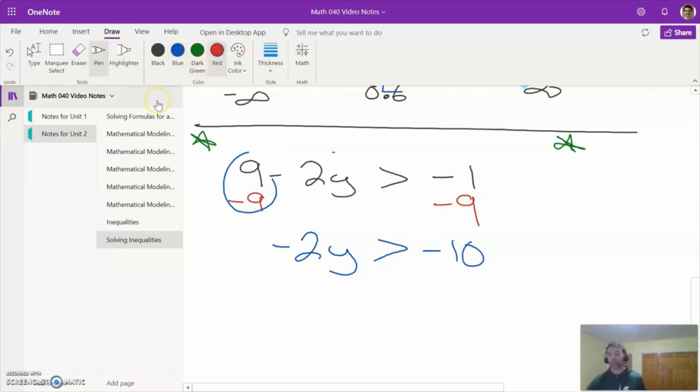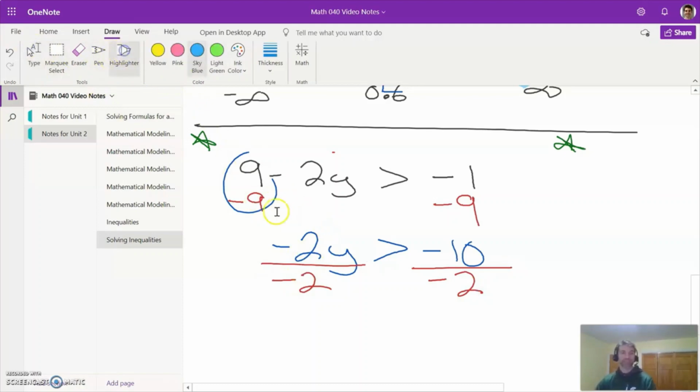So here is the point where it becomes really important. What do you notice about the coefficient of y? All right, we've got our variable right here. What do you notice about its coefficient? That's right, it's negative. When you have a negative coefficient in your inequality, you then have to either multiply or divide both sides by a negative, right? In order to solve this, we'd have to divide by a negative. So when you have that negative coefficient right here, I'm going to type this out right over here.